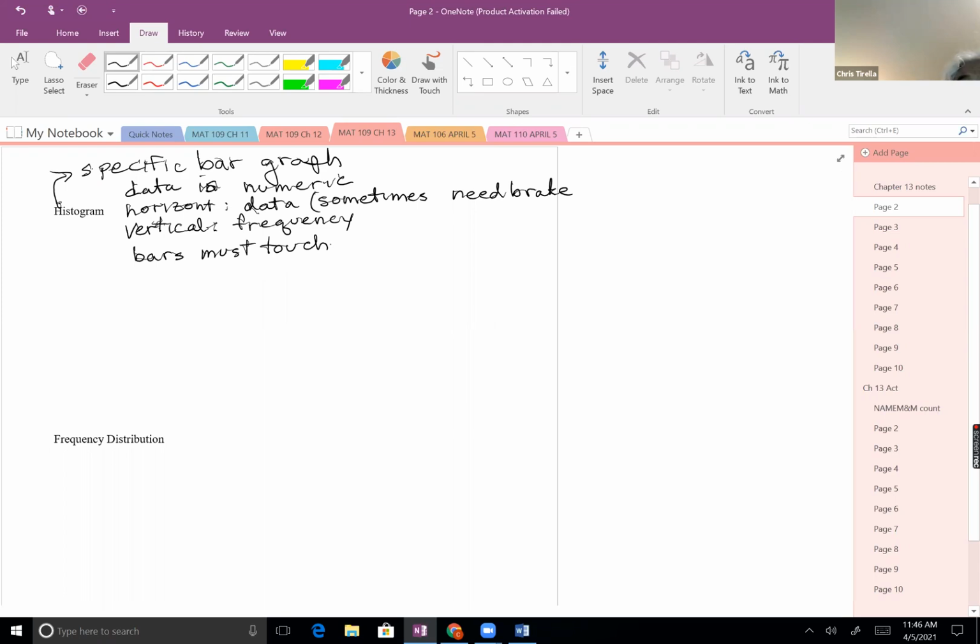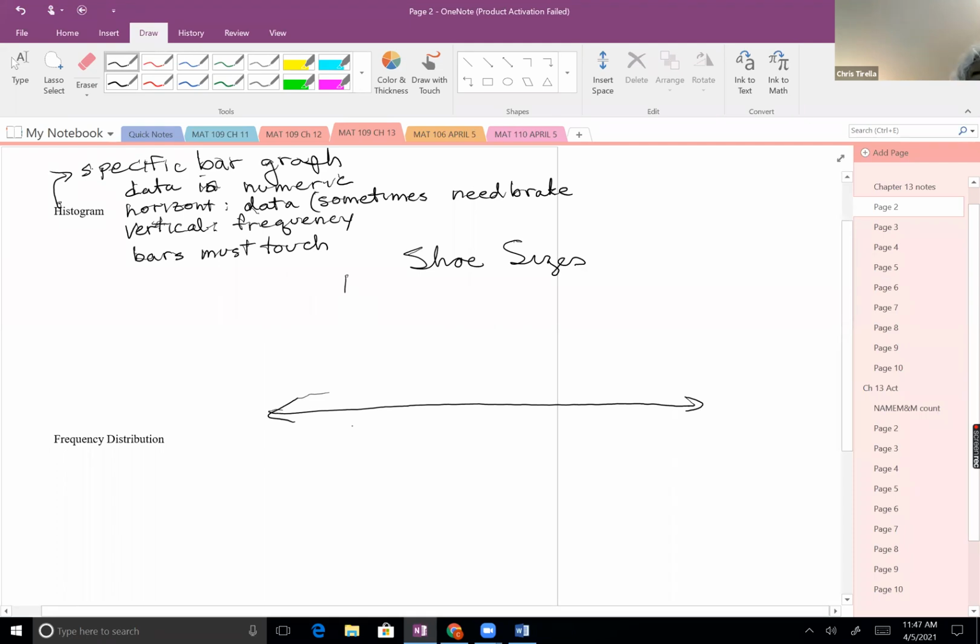And so I'm going to go through and make a histogram of our shoe sizes. My horizontal axis will be my data, which will be my sizes. My vertical axis will be my frequency, or the number of folks.